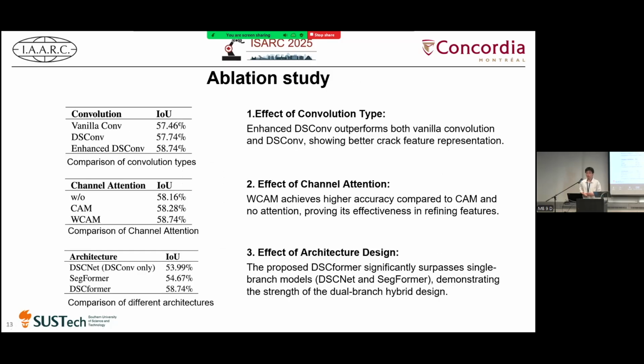And we also conducted an ablation study by comparison of convolution types, and we tested the impact of WCAM, and we compared the single-branch and dual-branch architectures. All results show consistent improvement, confirming the effectiveness of our method.